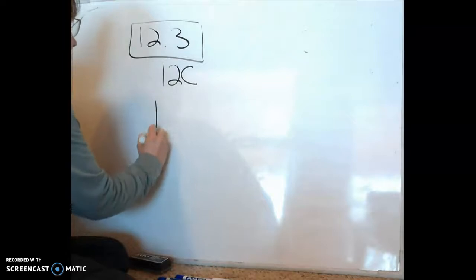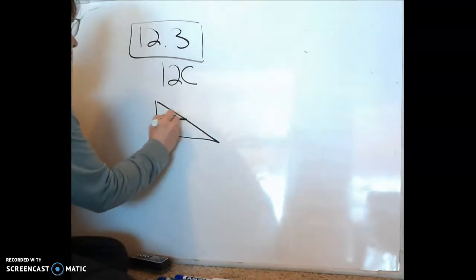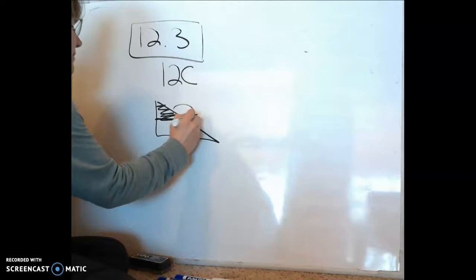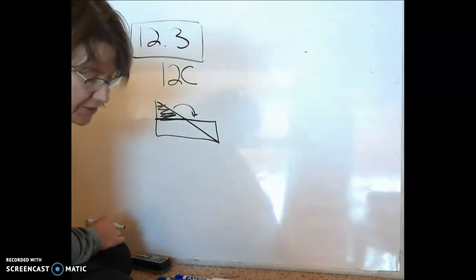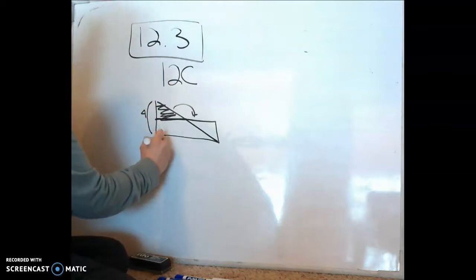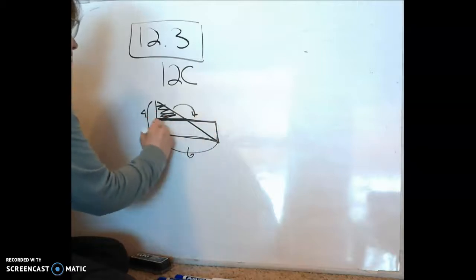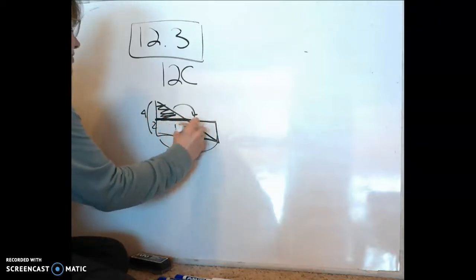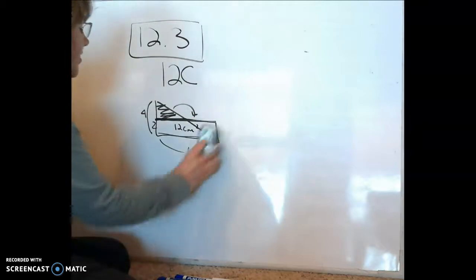So remember, I should be able to cut this top off at some point and move it into that space right there. And so instead of being 6 by 4, this used to be 4 and 6. Now this is 6 by 2 for this new rectangle that I just made, which is 12 square centimeters or something like that. All right, and we can do those same ideas on the next triangle.